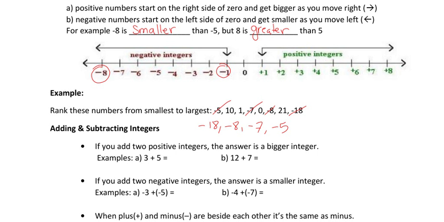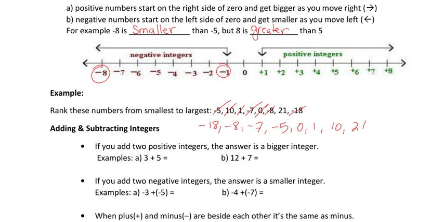So then it goes to which one? 0, 1, 10, and 21. Okay, are we okay with this?